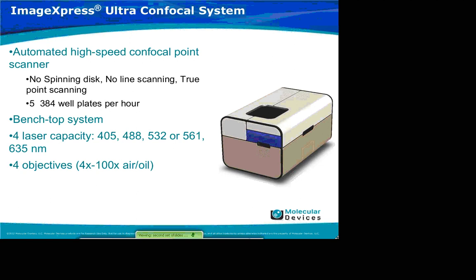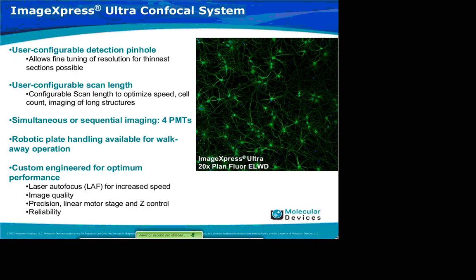It's a benchtop system that can have up to 4 lasers to be able to go from DAPI to Cy5. At any one time, you can have 4 objectives in the instrument, going from 4x to 100x. And of course, there's a wider variety of objectives available from us. The ImageXpress Ultra confocal system allows for configurable detection pinhole, so it allows fine-tuning your resolution for thinner sections.